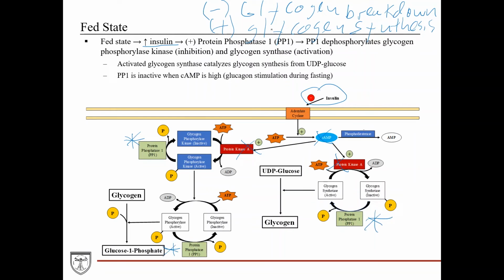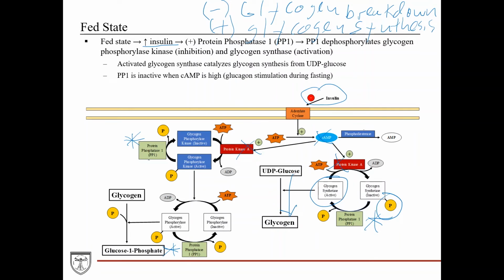And so as far as PP1 is concerned, let's go back to our end goals here. So you want to be stimulating glycogen synthesis because you have an overabundance of metabolic fuel. So you look at protein phosphatase 1 here, it's going to take off this phosphate group from glycogen synthase and make it active again. And so that's going to stimulate synthesis of glycogen from free glucose around.